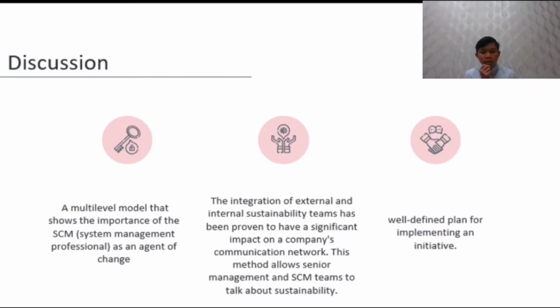The second communication factor that the model identifies is a well-defined plan for implementing an initiative. This factor can influence the organization's SSCC by helping it move towards an implementation phase.